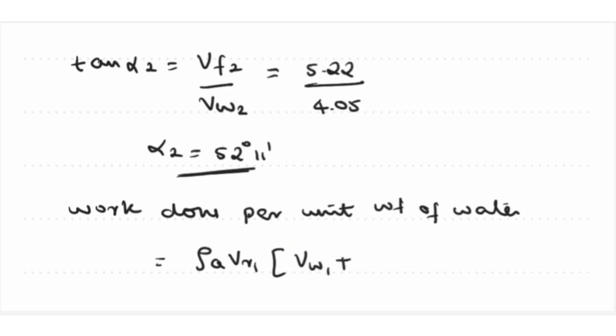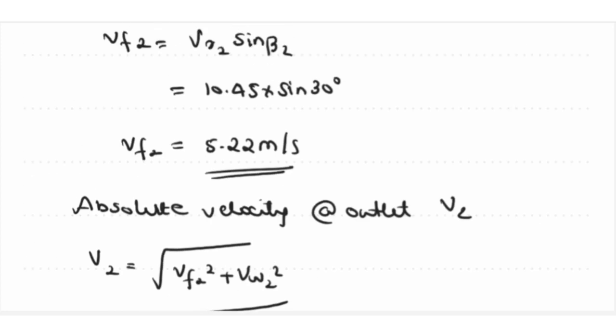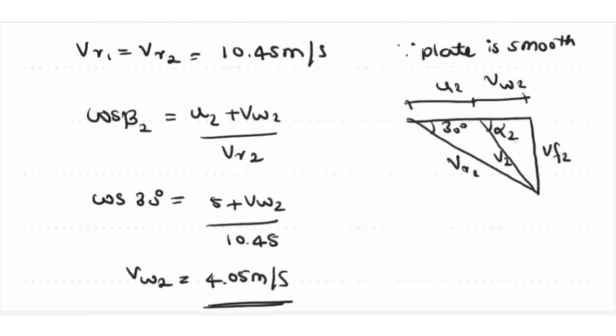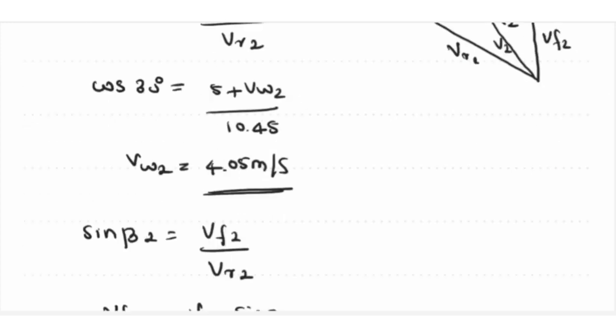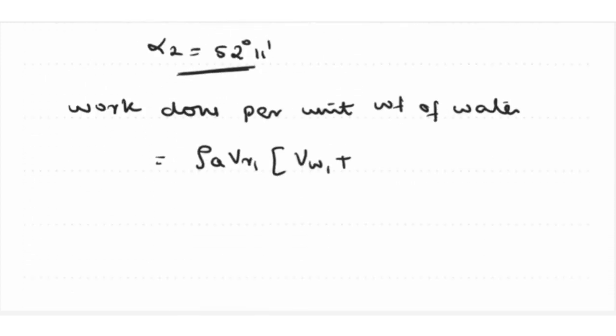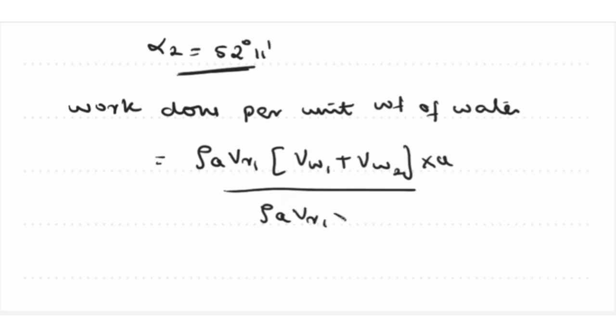Here it is plus, because you can see V2 is towards the left side of VF2, so it is plus. If it had shifted towards the right side of VF2, then it is minus. So VW1 plus VW2 into U divided by rho into A into VR1 into G. This is why we are dividing, because it is for unit weight.